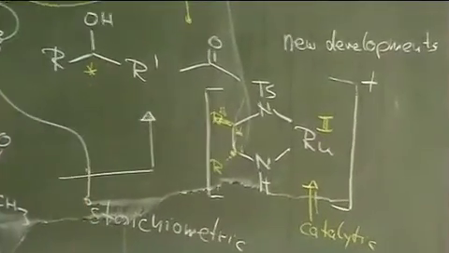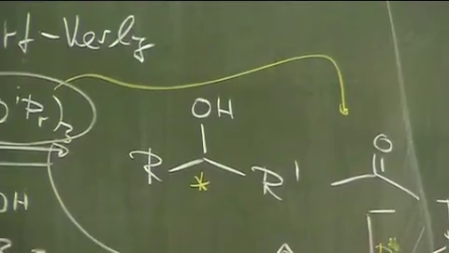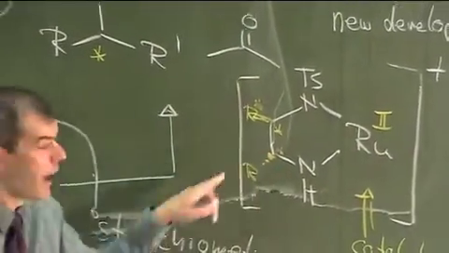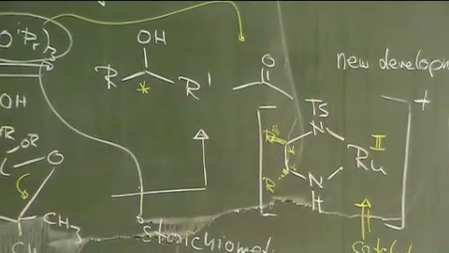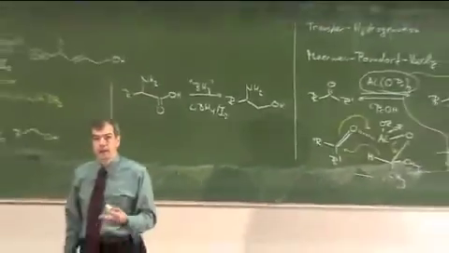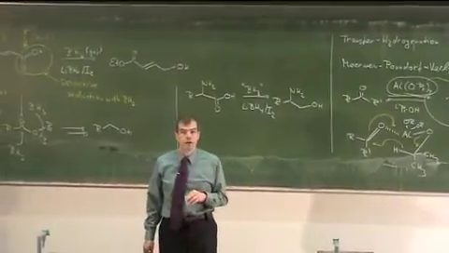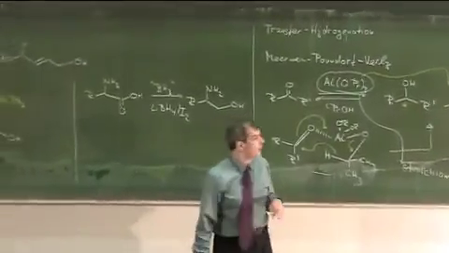And you can see, if you reduce a ketone, you form a secondary alcohol, which is chiral. So you're interested in controlling the stereochemistry here. And this is possible if you use chiral variants of these ruthenium catalysts. And so not only can you, in a very efficient manner using isopropanol, affect carbonyl reductions, you can also do it in an asymmetric way.